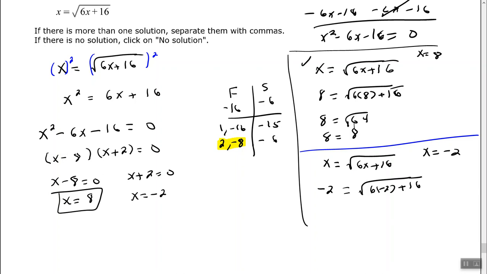So this square root cannot be equal to negative 2, and that is not a valid solution. My only valid solution for this one is x equals 8. Even if I continue to work through this, that gives me negative 12 plus 16, which is 4, and the square root of 4 is positive 2. So that does not work.